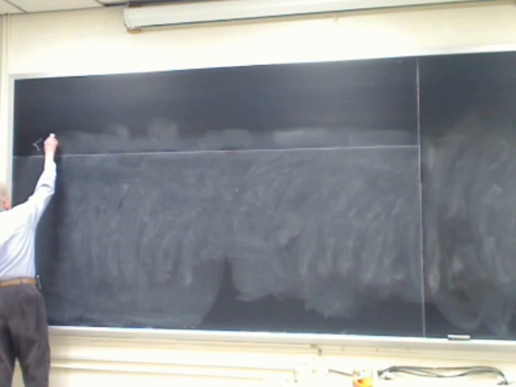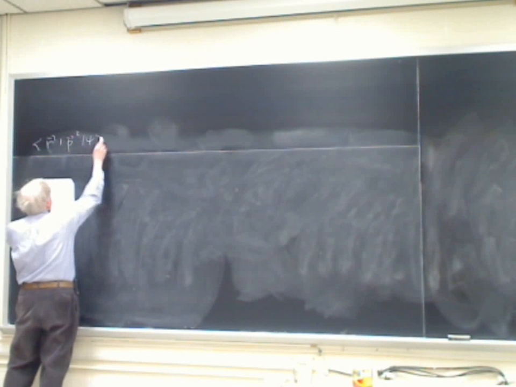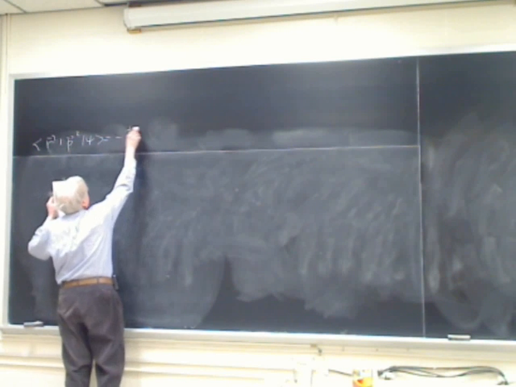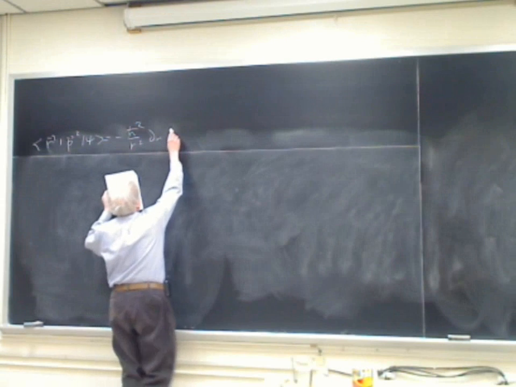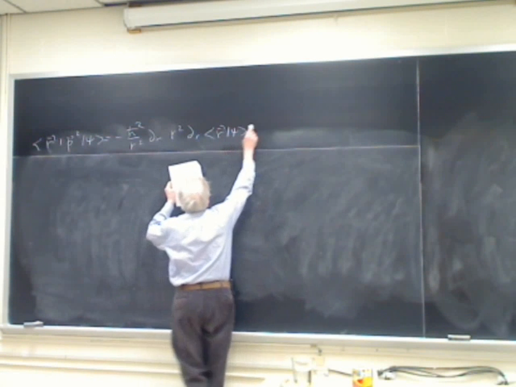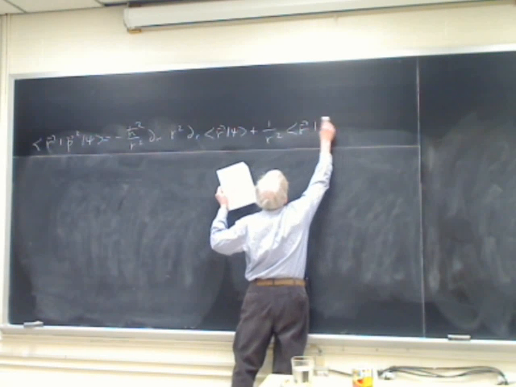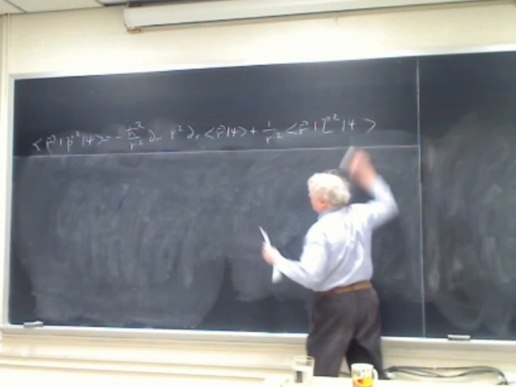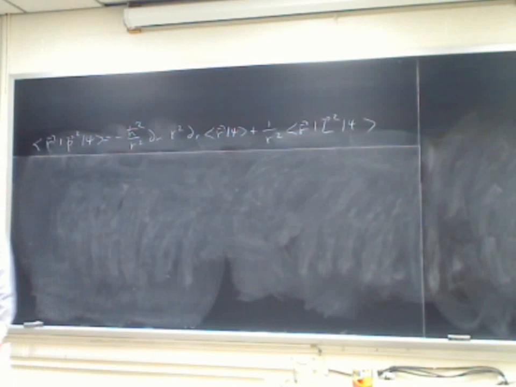Or in other words, equations like this. Now, this has various brothers and sisters and daughters and sons.